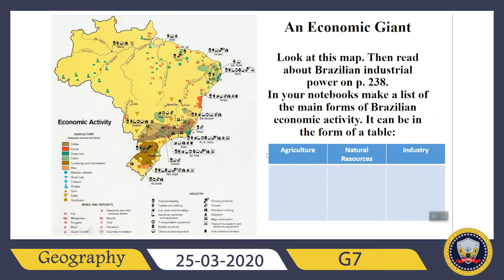You will write these names down in the table in your notebooks, and when you are done with this break you will come back to school and you will grace me with all your precious notebooks. Okay, so you will have 20 minutes to do this exercise. Okay, map and text, page 238. Pause now.